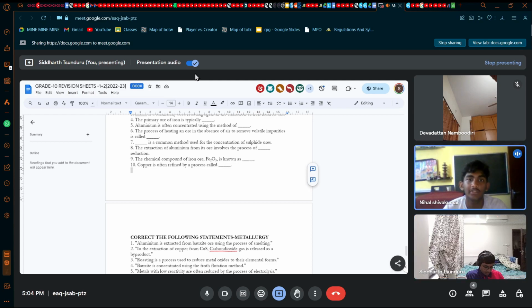Copper is refined by electrolytic refining. Is there only one refining thing?